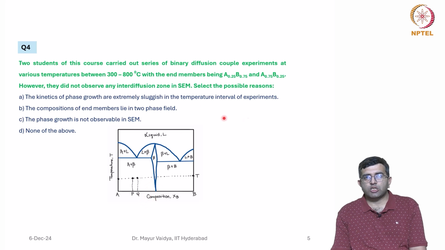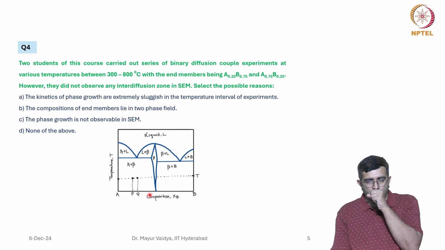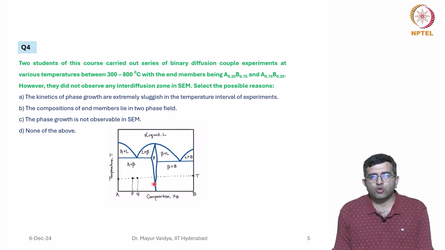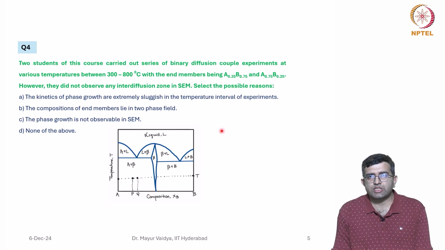So, yes, it is possible that these two alloys may lie in the two phase region, and therefore there is no phase growth. Remember, this phase diagram is not for these systems. It is just an exemplification to show that if these two lie in the same two phase region, then it is possible that interdiffusion does not happen.